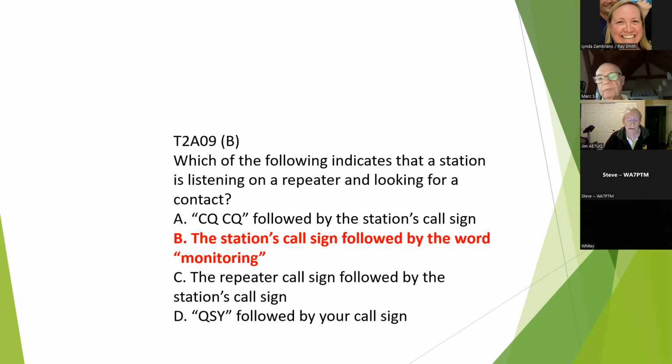That just says this station is on that frequency listening to what may or may not be going on the repeater. If somebody else is out there, they say, hey, Jim, I heard you. I'm WA7PTM. What's going on?